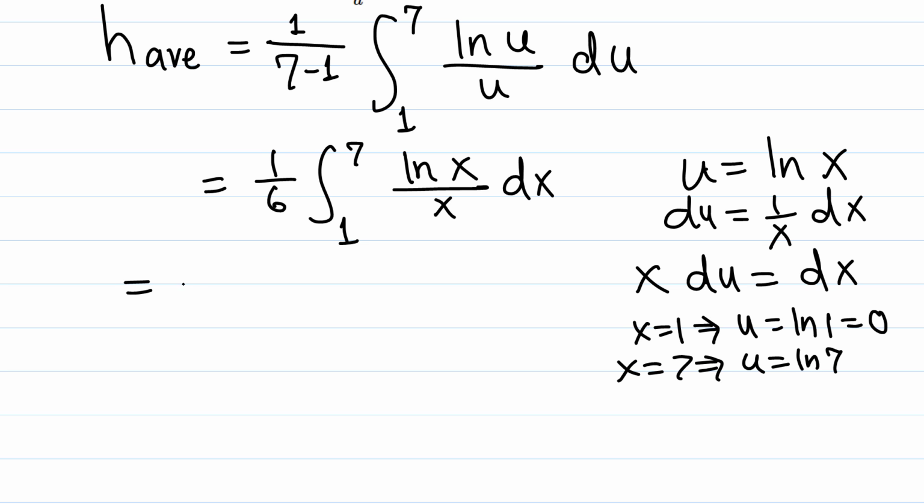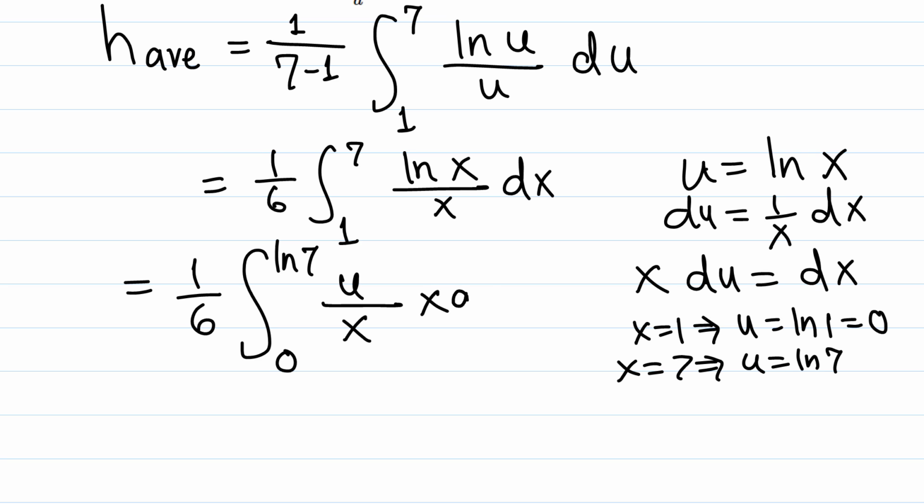So this integral is 1 over 6, with new variable, it's going to be 0 through natural log of 7. Natural log of x is our u, new variable. No information about x. dx is found here. dx is x du. And as you can see, x is cancelled.